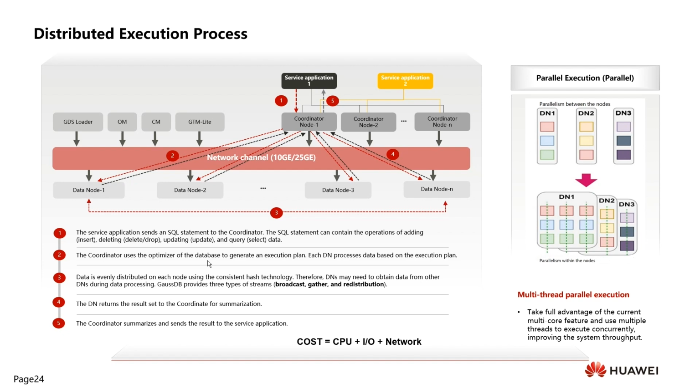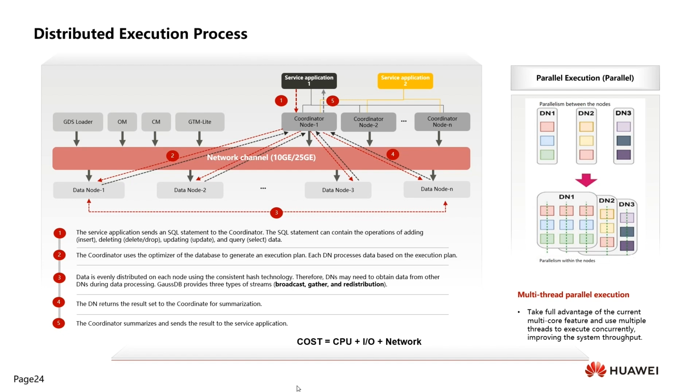Therefore, it is common that a DN might need to obtain data from other DNs during data processing. GaussDB provides 3 types of stream operators to help the flow of data between these nodes, which are broadcast, gather, and redistribution.